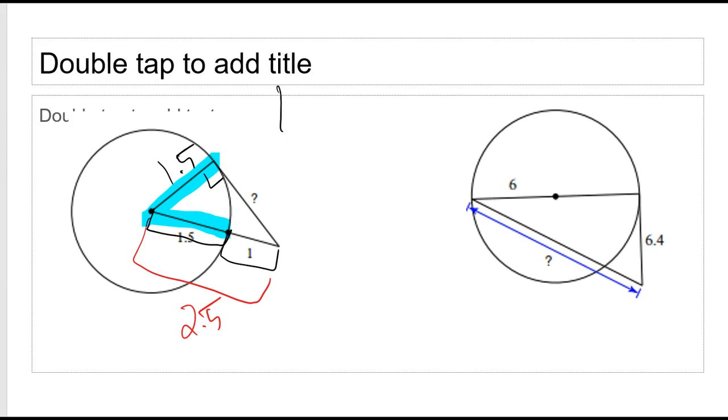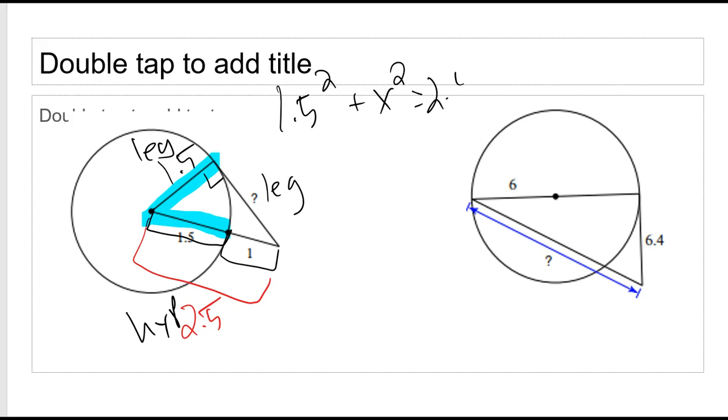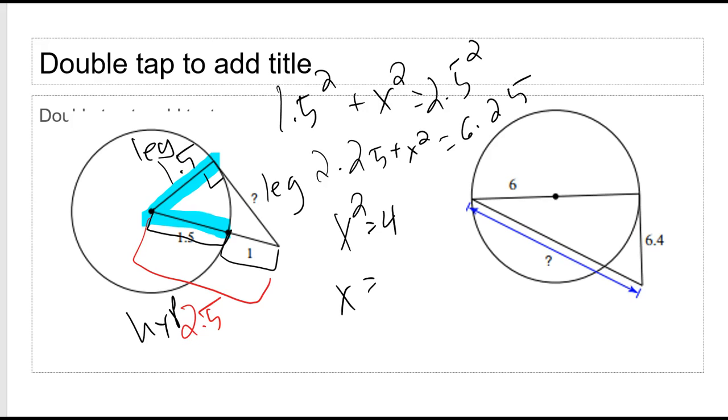So now we have our triangle. 1.5 squared plus x squared, because that's a leg, equals 2.5 squared. So knowing a little bit about radius, we were able to figure that out. 1.5 squared is 2.25. And 2.5 squared is 6.25. If I subtract 2.25 from that, it's going to be just a 4. My answer is 2.